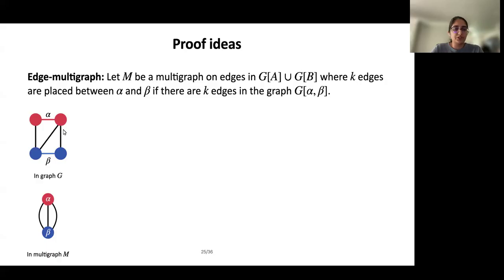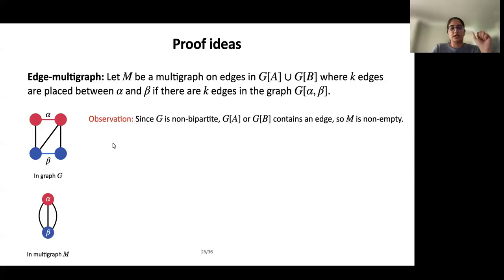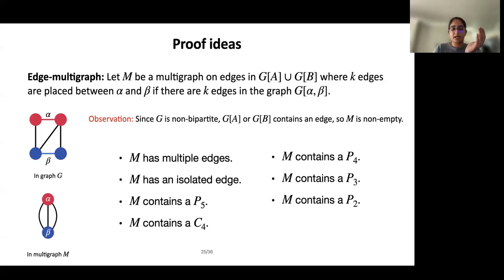And every time you have an edge between them, you just put an edge between these 2 vertices in the multigraph M. One thing to notice is that because you're considering G to be non-bipartite, M is always going to be a non-empty graph. So now I use the multigraph M to break down my case analysis into these small lemmas.